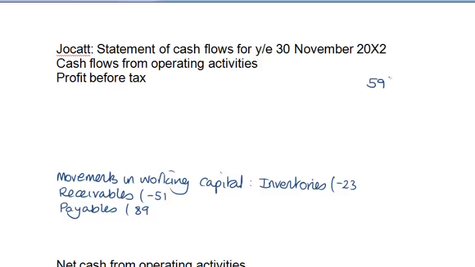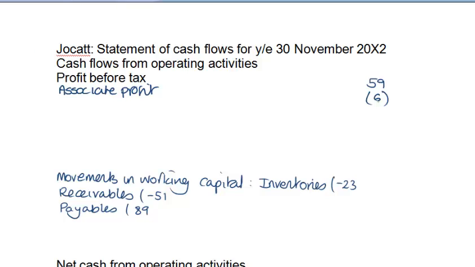First of all, any expenses or income which is not operating in nature, and secondly, anything which is not cash in nature. So let's go immediately above profit before tax, and the first thing that we see is share of profit of associate. And the secret is to do the opposite in your statement of cash flows to what you're doing in the income statement.